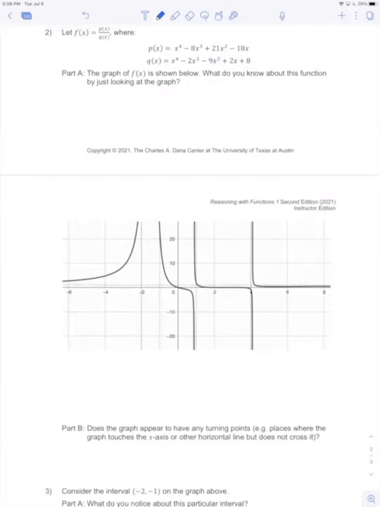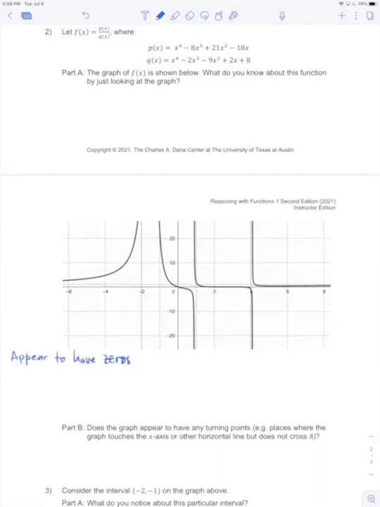we appear to have zeros at the origin. So we'll put 0, 0 there.